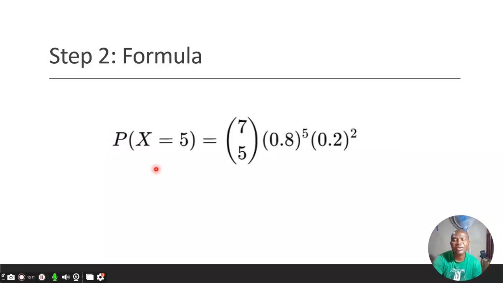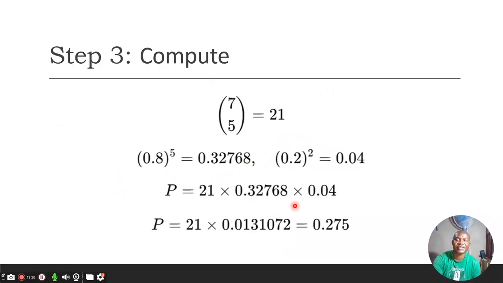Now the next thing we are going to do is to substitute. We substitute the values into our formula. So substituting it into our formula, we have this, and then we can now compute.